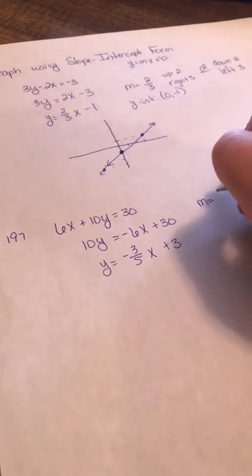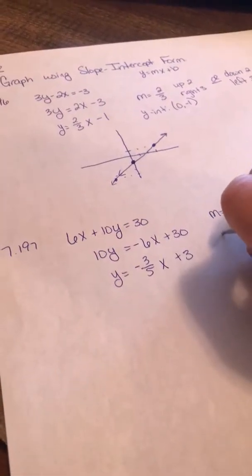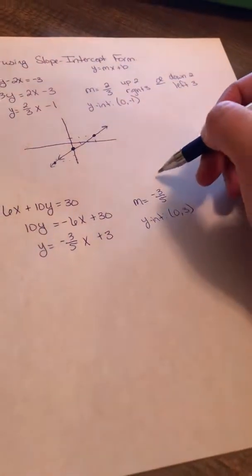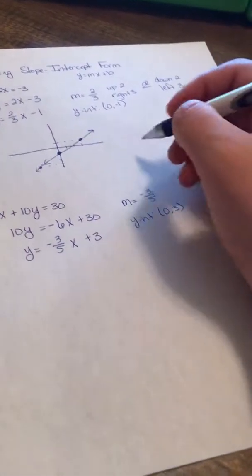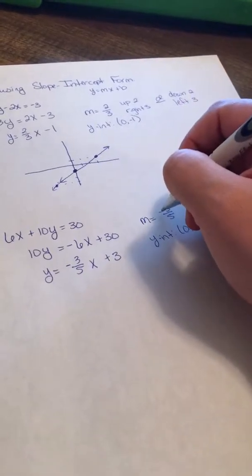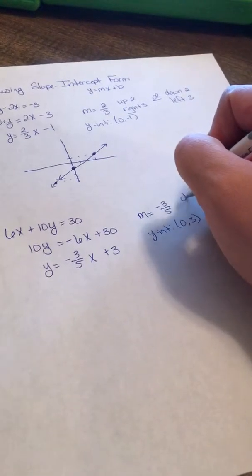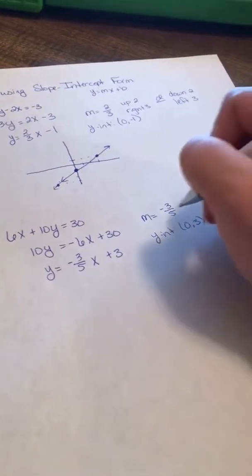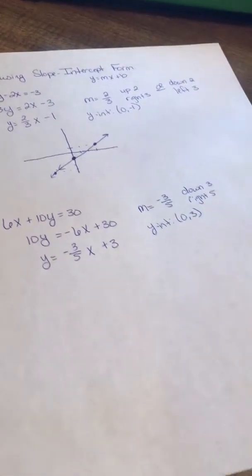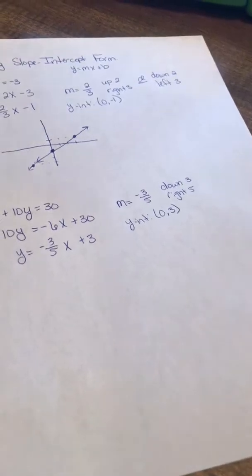So this time our slope is negative 3/5, and the y-intercept is 0, 3. This time our slope's negative. So most people, if it's negative, put the negative on top, and so this tells you up and down. So you're going to go down 3, and then the bottom's a positive 5, so you go right 5. For a negative slope, you have to do a positive direction and a negative direction.